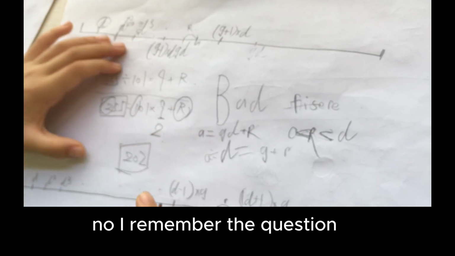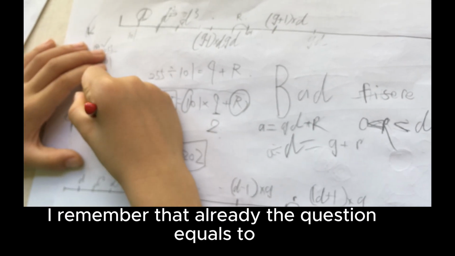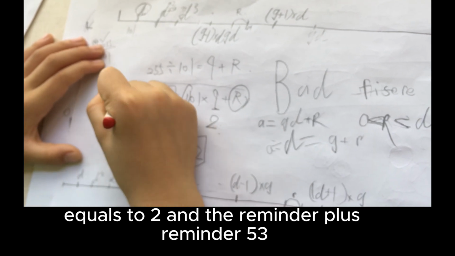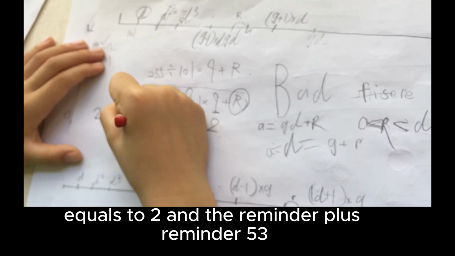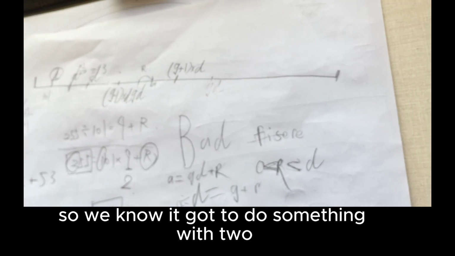The quotient equals 2 and the remainder is 53. So we know it has something to do with 2.